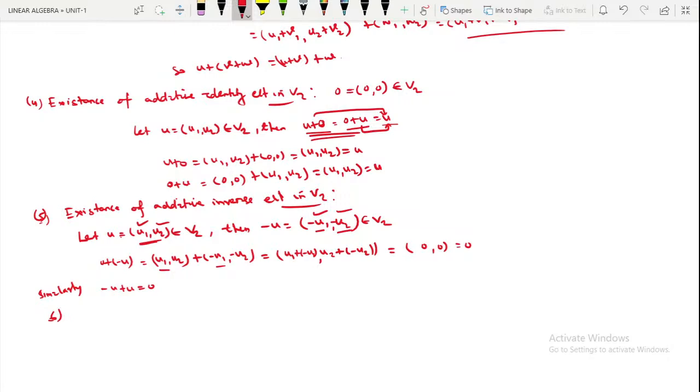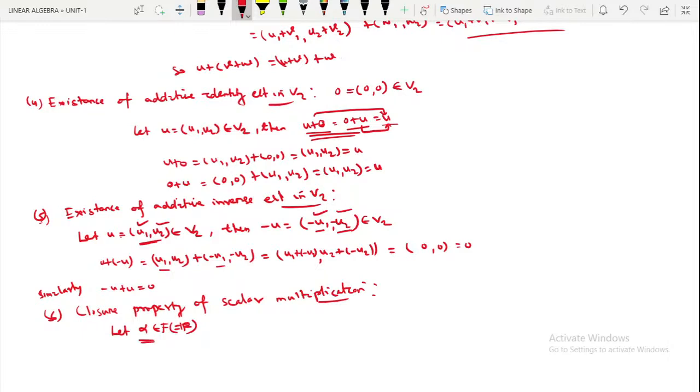Then comes the next property, that is the closure property of scalar multiplication. What is the closure property of scalar multiplication? This property says you have to take any scalar alpha belonging to the scalar field F, and your F is the set of real numbers.